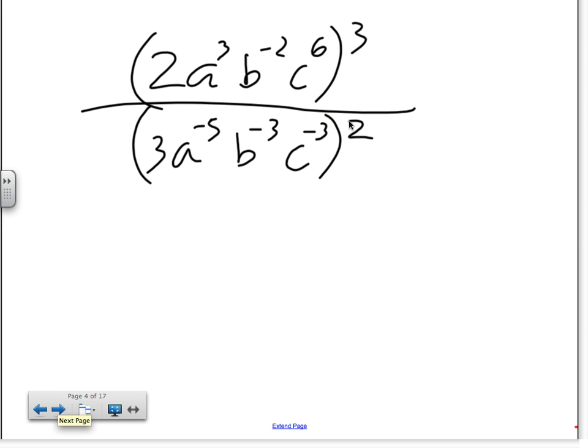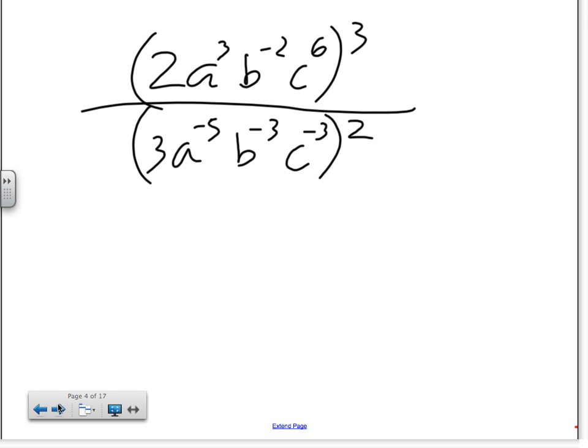What are we going to do here? You recognize that. Very good. See how we have layers? You should take care of that first before you do anything else. So let's take care of it.